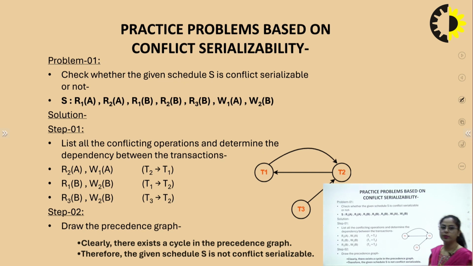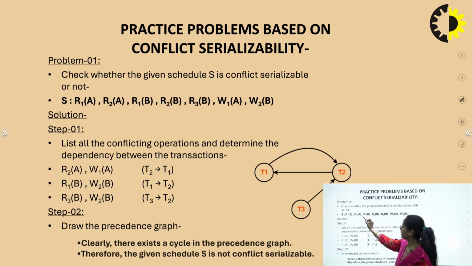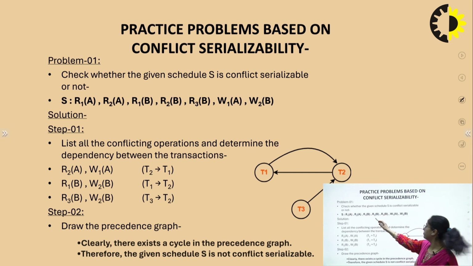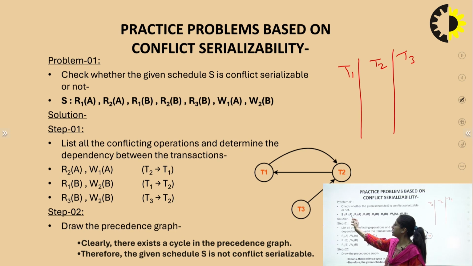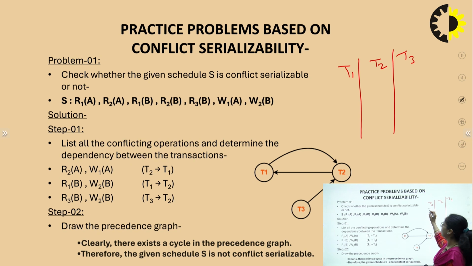Here is one example of a schedule: R1 of A, R2 of A, R1 of B, R2 of B, R3 of B, W1 of A, W2 of B. The transactions are T1, T2 and T3. If 1 is mentioned here, that means it is an operation of transaction 1.